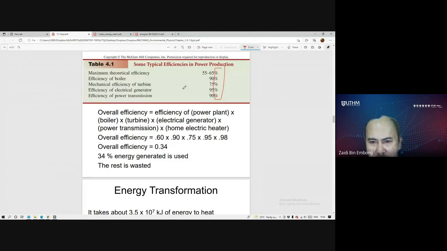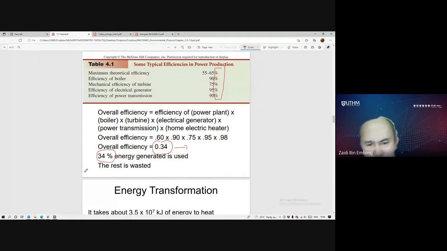So this one, 90 divided by 100, then you get 0.9, 0.7. This one, 75 divided by 100. So all these things, you calculate the answer. Altogether, you get about 0.34. So this is equivalent to 34%.